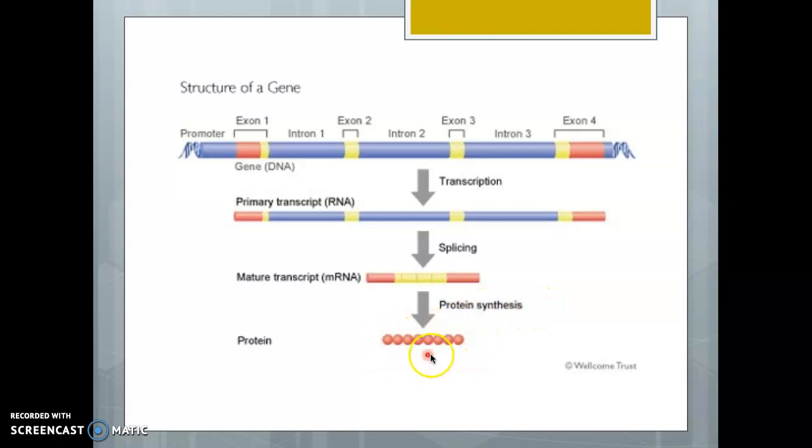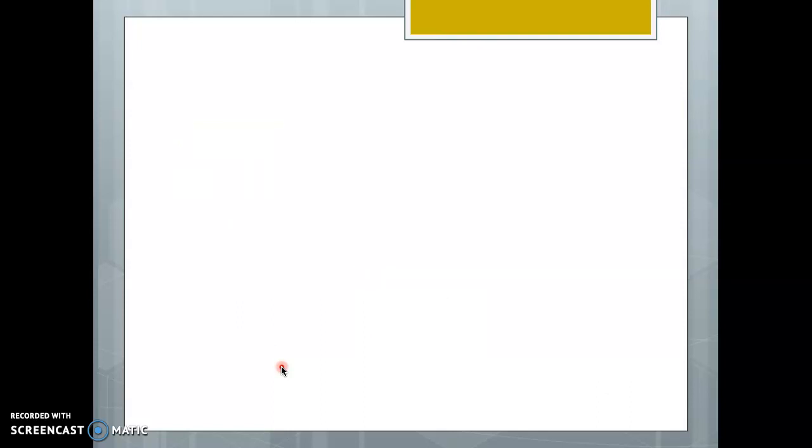Each of those balls represents an amino acid that becomes part of the string. So that is the process of removing the introns, because the introns get in the way, using spliceosome. Our next segment is going to be starting with translation, and I will do that in a separate video.